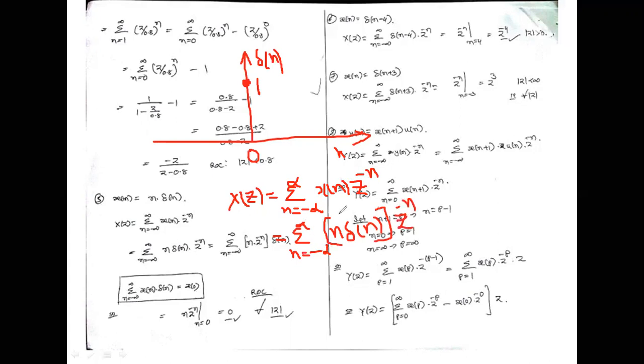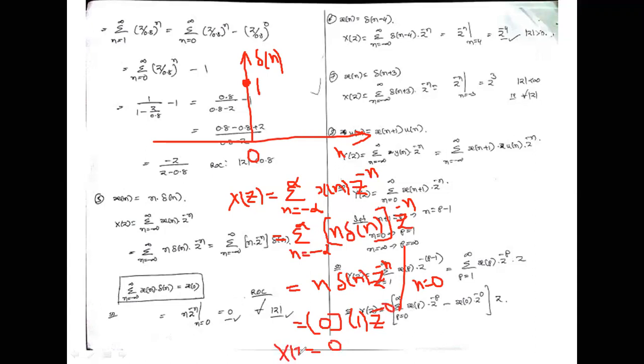Okay. In this range, we have only one value for the delta. So it becomes n into delta of n, z power minus n at n equal to 0. For the remaining values, delta of n is 0. What is delta of n when n is equal to 0? 1. So 0 for n is a 1 and z power minus 0. The total function is 0.